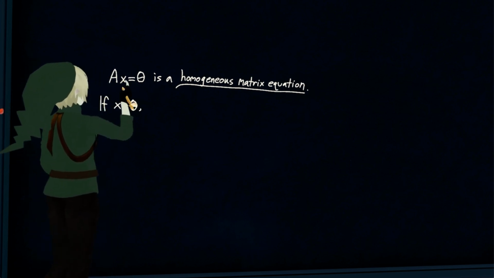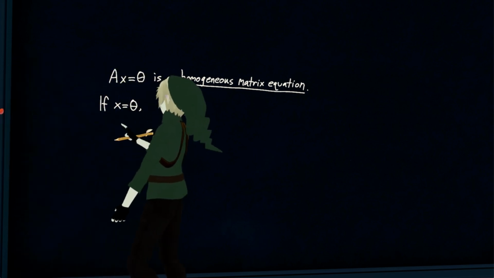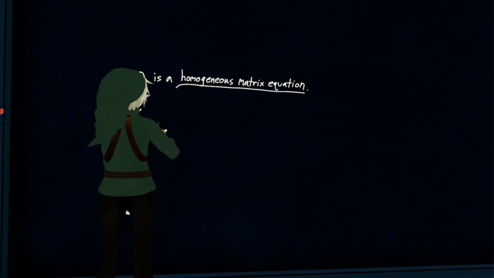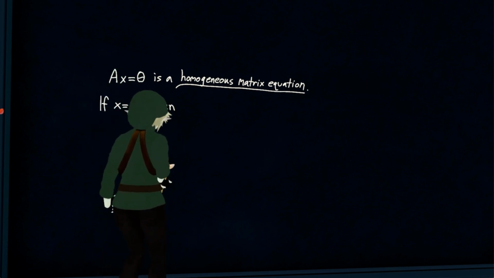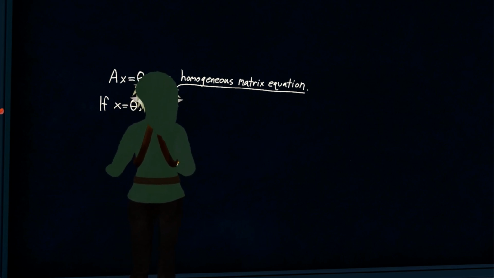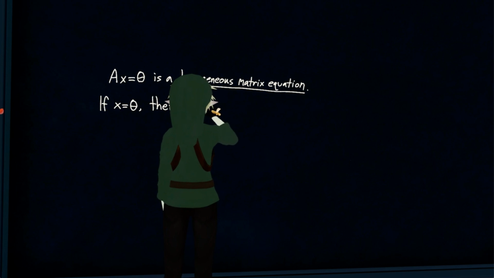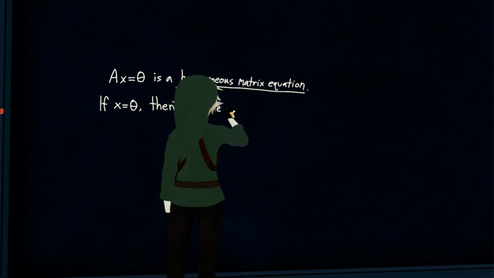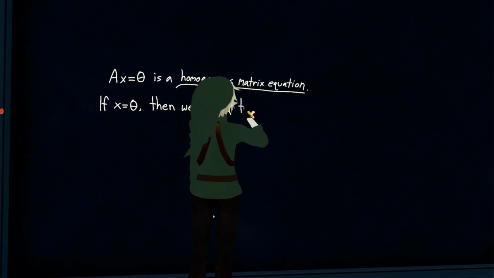It's very clear. So if x is equal to a 0 vector, then we have what they call a trivial solution.